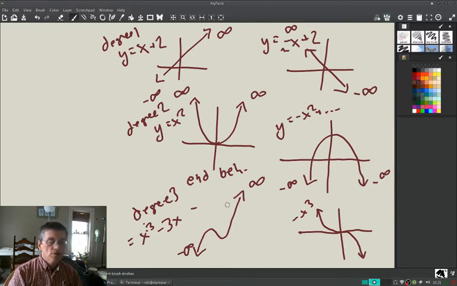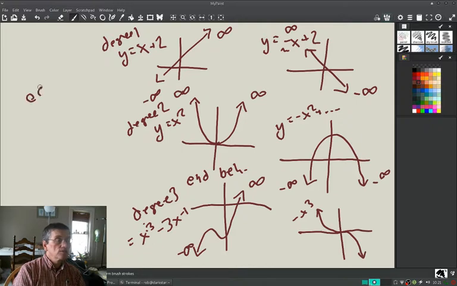Let's say the axis is here. That means something's added on here. So if it's a degree 3, we can just look at the largest power and tell that it goes to infinity that way, minus infinity that way. Similar with degree 1. And indeed, if it's an odd degree, that's the rule.